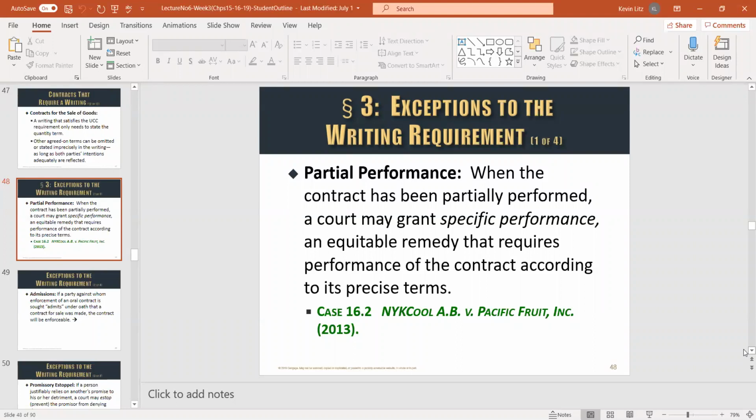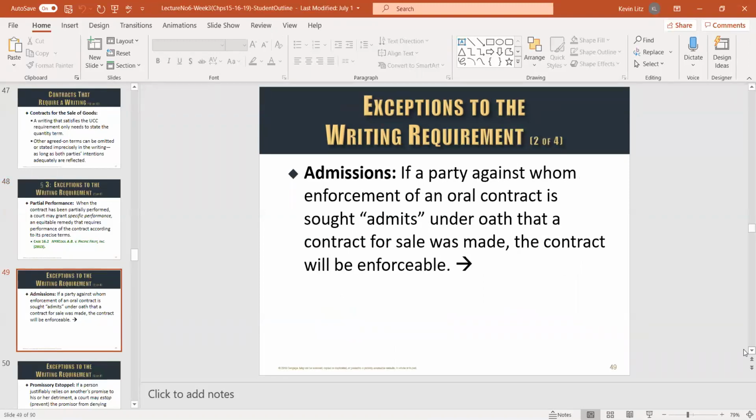So you can't say, for example with the painting, no, it was going to be over the course of 2 years. Well, if someone started painting it, the person supposed to pay for the painting can't say, hey, I'm pulling out because it wasn't in writing. Well, the judge says, no, the performance of the contract has been ongoing.